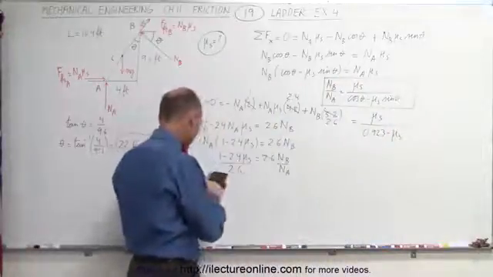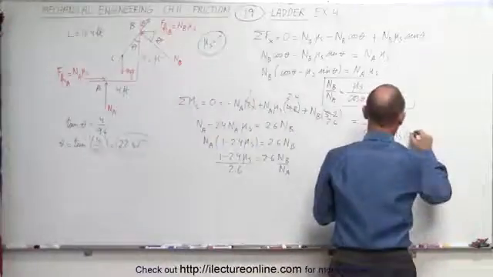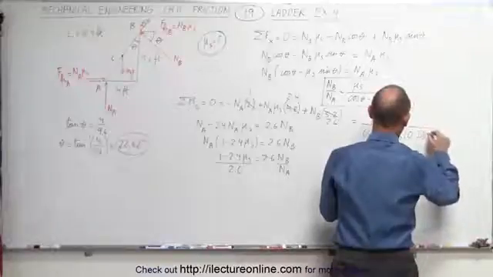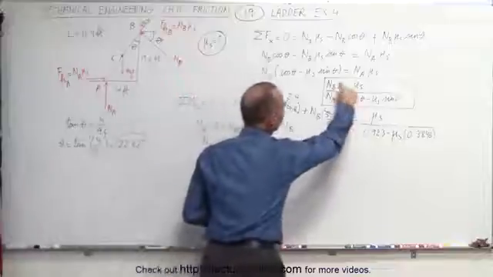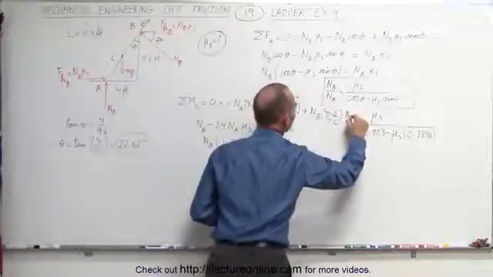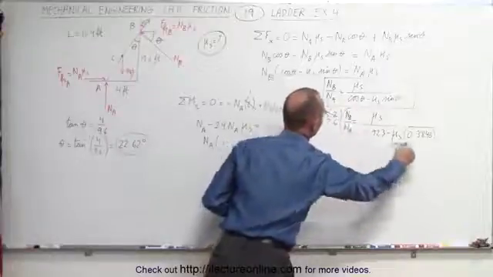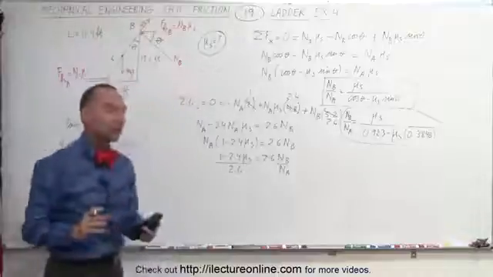So 22.62, take the sine, gives me 0.3846. There we go. So that is equal to the ratio of n sub b divided by n sub a, like so, which can then be placed in the equation over here.